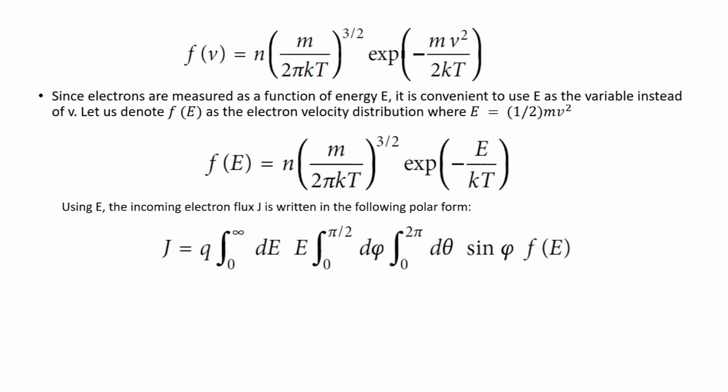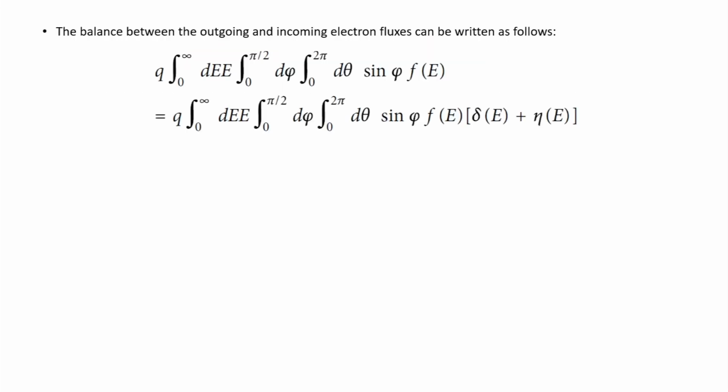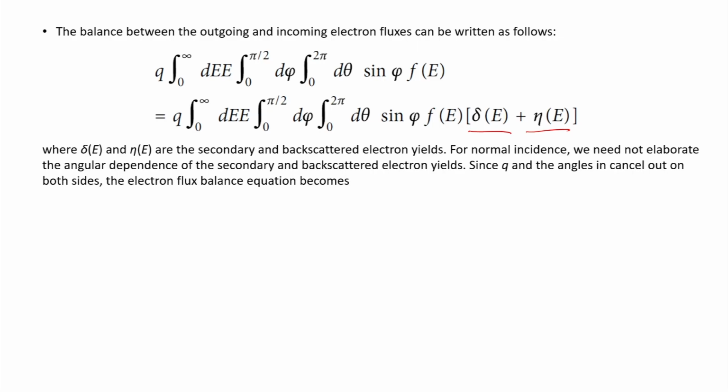So, I can write my current density by using this equation, and finally, I can write the balance, taking the outgoing and incoming electron fluxes, considering the backscattered, and of course, here we have not considered the photoelectric current. So, I can write it like that.